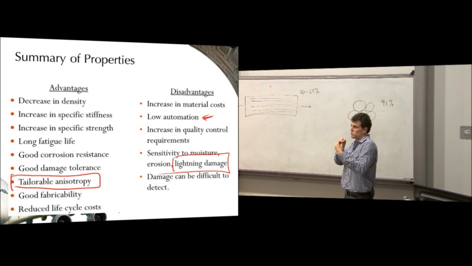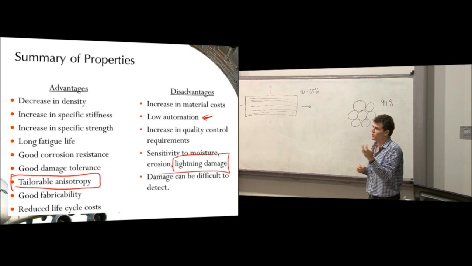So the current tends to run along the length of a fibre until it runs into the end of the fibre or something else, and the end of the fibre tends to be at things like bolt holes, so you end up with a little spark gap between the end of the carbon fibres and the bolt, and you can get explosive damage around fasteners, which is not exactly a good thing for maintaining the aircraft in one piece.